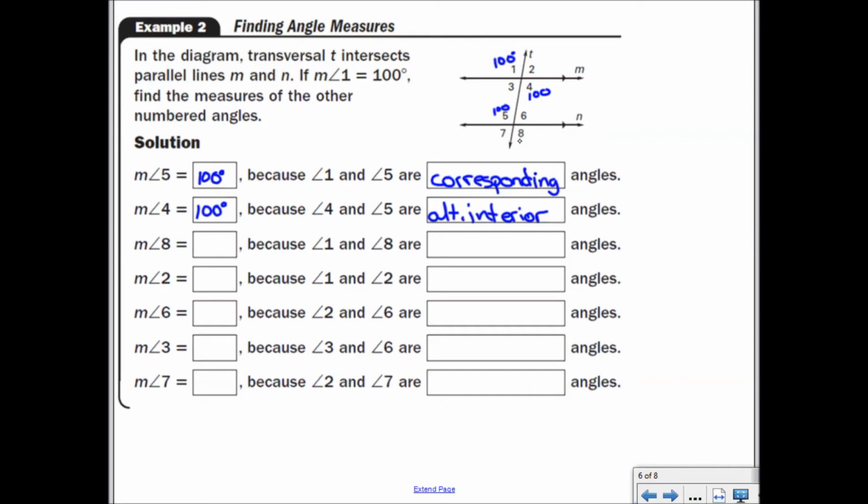The measure of angle 8 will be 100 degrees because angle 1 and angle 8 are alternate exterior angles. The measure of angle 2 will be 80 degrees because angle 1 and angle 2 are supplementary angles.